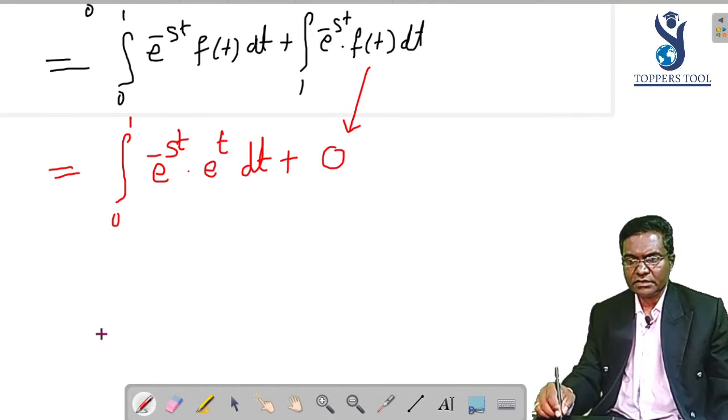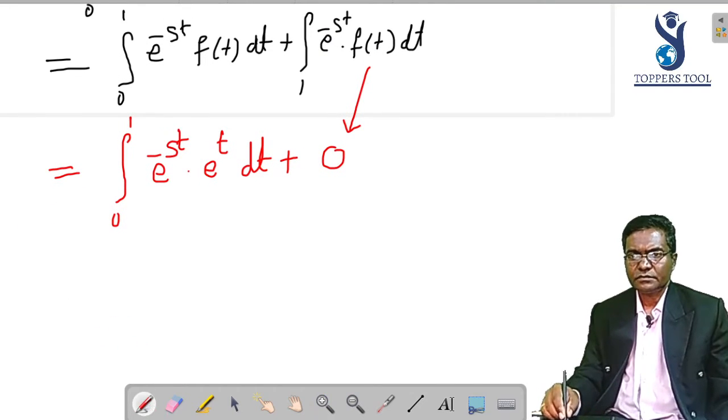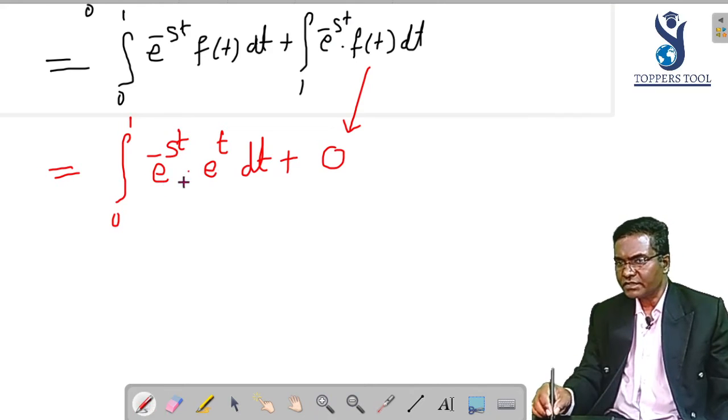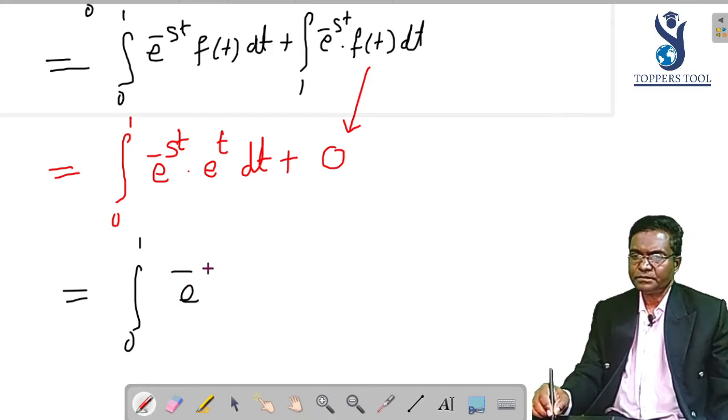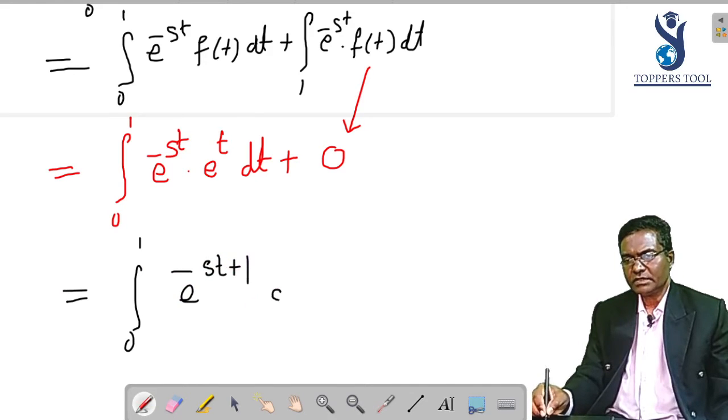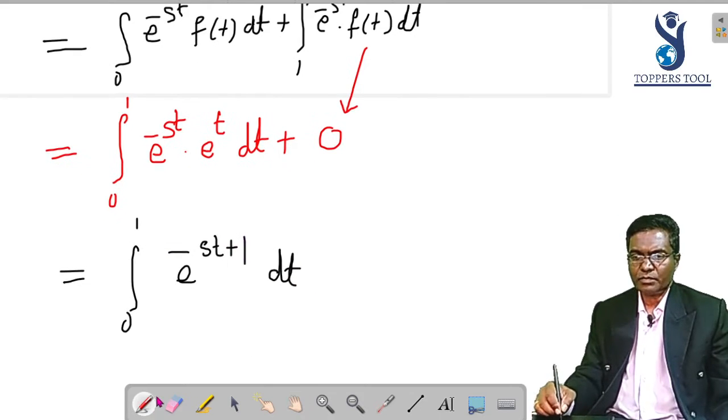Now there are two e powers inside the integral. By the law of indices, I can write it as e power minus st plus t dt.